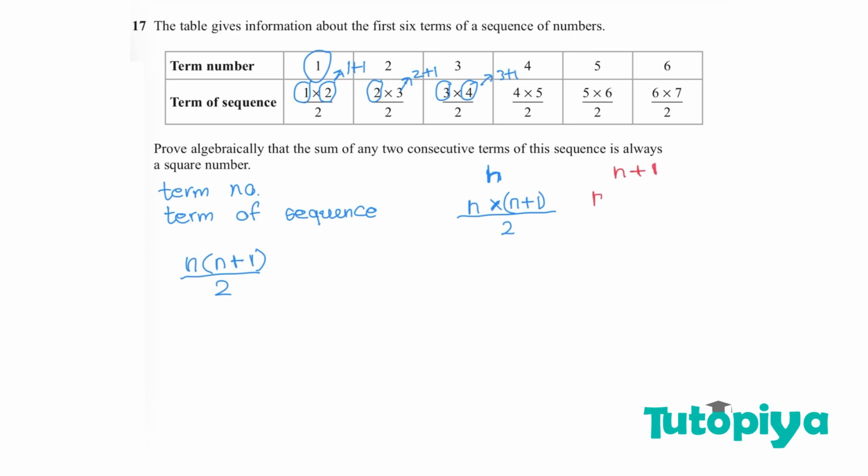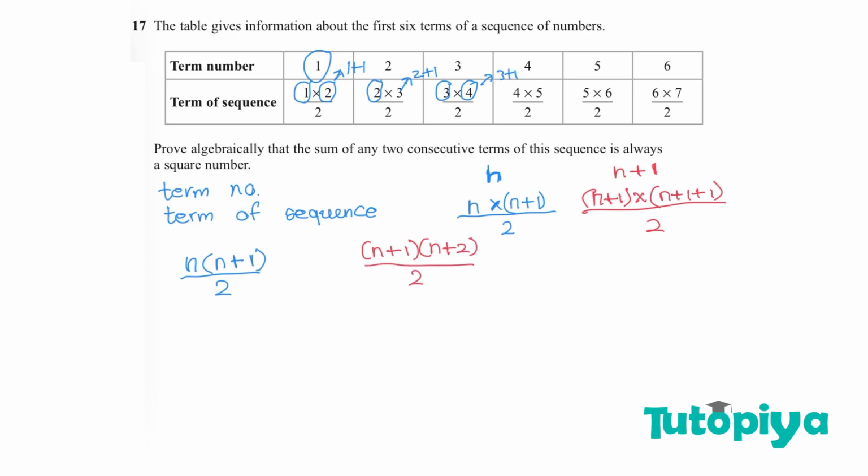Now that would be (n plus 1) times (n plus 1 plus 1) all over 2, and I can simplify that as (n plus 1)(n plus 2) over 2.